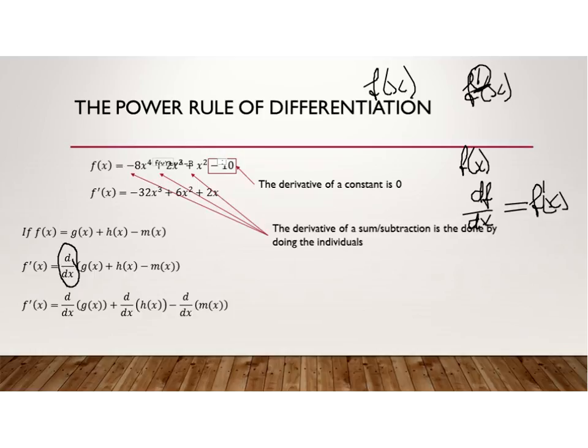What that bit there means, d dx of g of x plus h of x minus m of x, is that d dx means get the derivative of everything. So it's no scarier than the other one, it just looks a bit different. Does that sort of make sense?